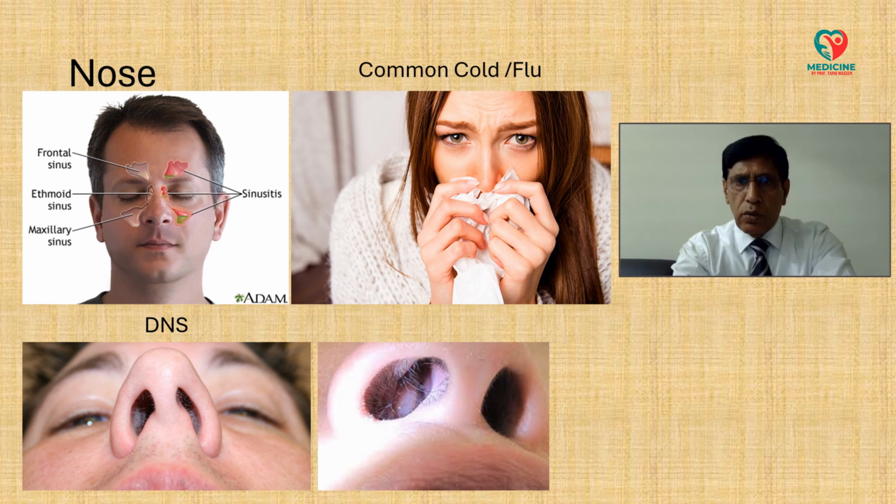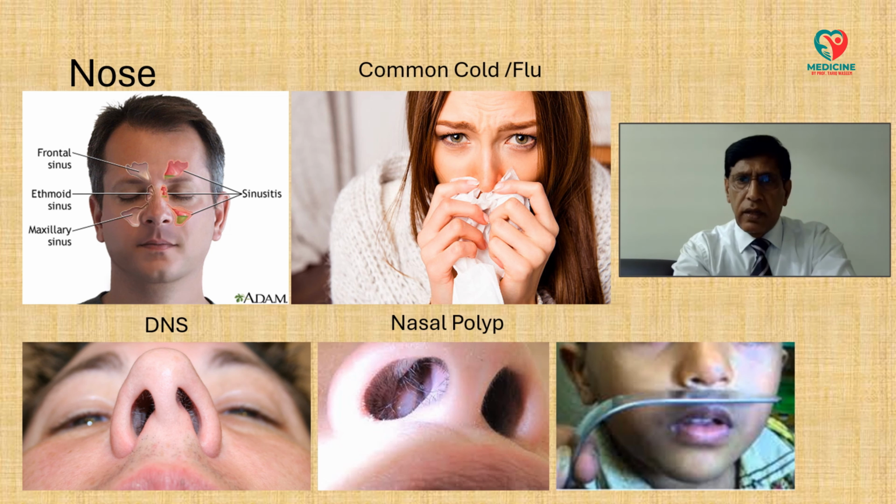Look at this person's nose, there is a visible swelling, like a polyp, protruding into the right nostril. Now, this is a nasal polyp, which can be associated with nasal blockade, recurrent sinusitis, and difficulty in breathing.